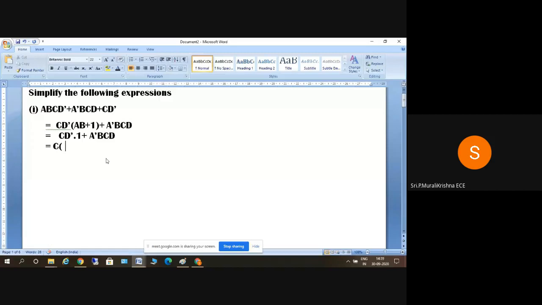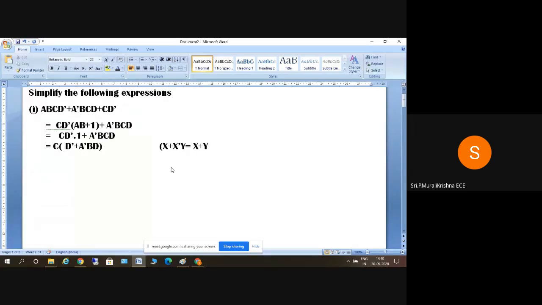Taking C as common, what I'll get here is D bar plus A bar BD, okay. And this can be written as x plus x bar y, and x plus x bar y is equal to x plus y.